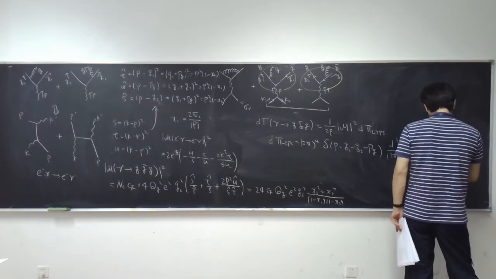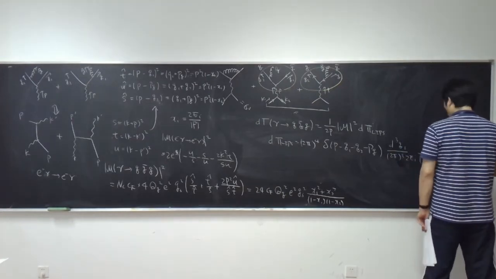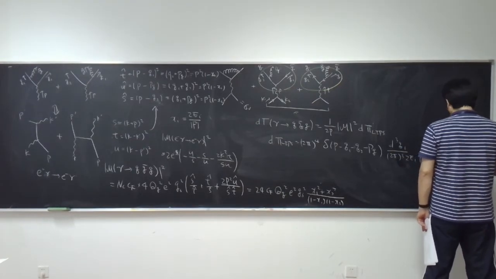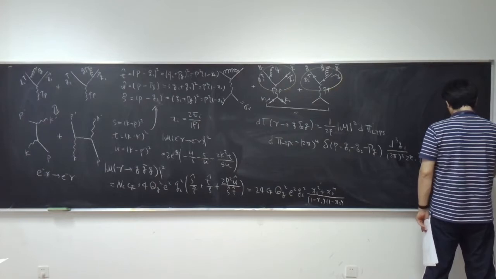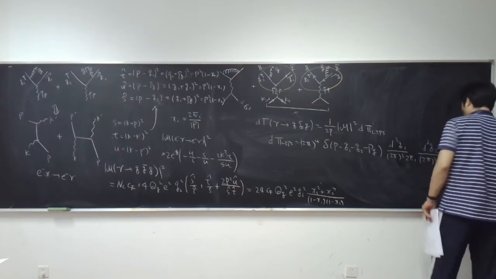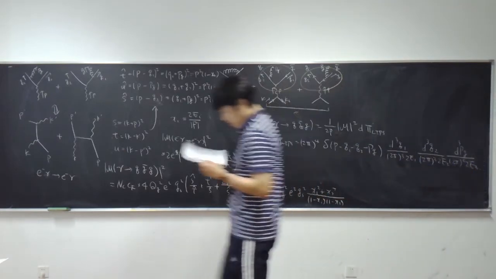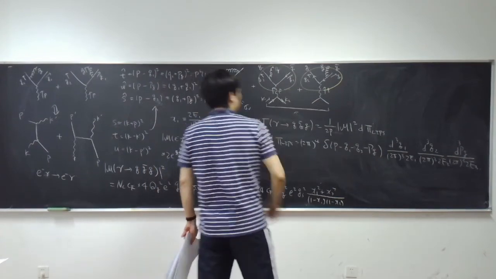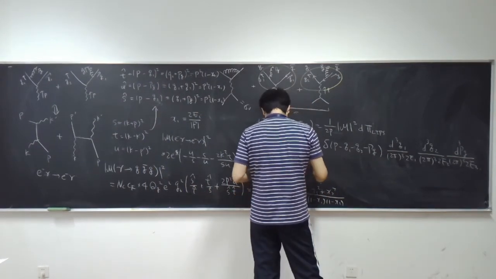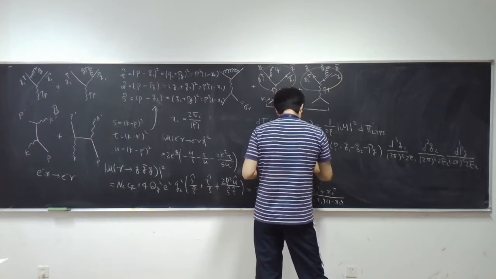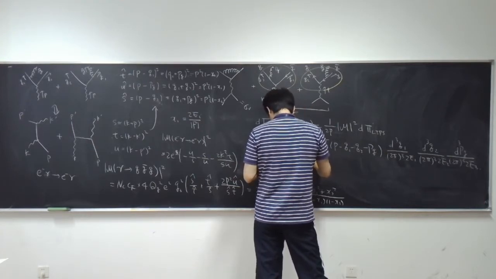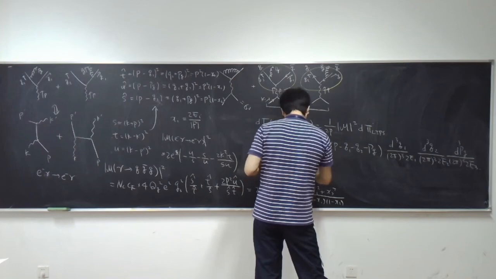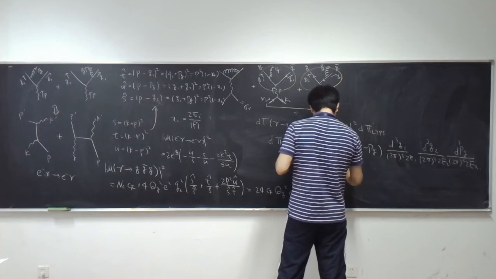That's what I meant. And then writing everything in terms of x1, x2, x3, this indeed becomes t squared over 1 to 8 pi cubed, dx1 and dx2.